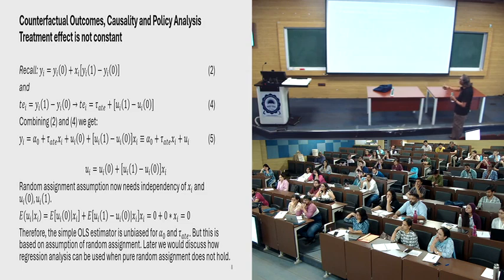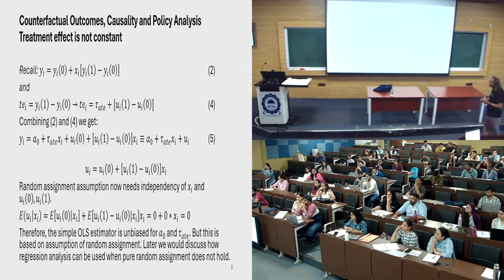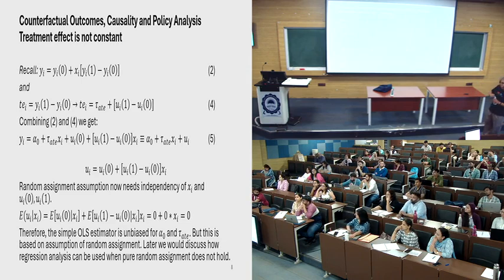Therefore, the simple OLS estimator is unbiased for both alpha_0 and tau_ATE, but this is based, again, on the assumption of random assignment. Clear? It's a very simple proof. Later we will come to the fact of when regression analysis can be used when pure random assignment does not hold.